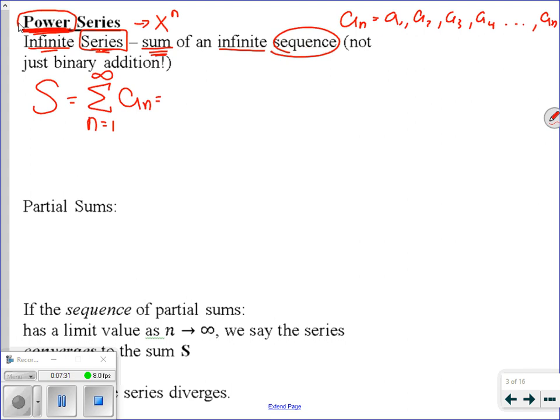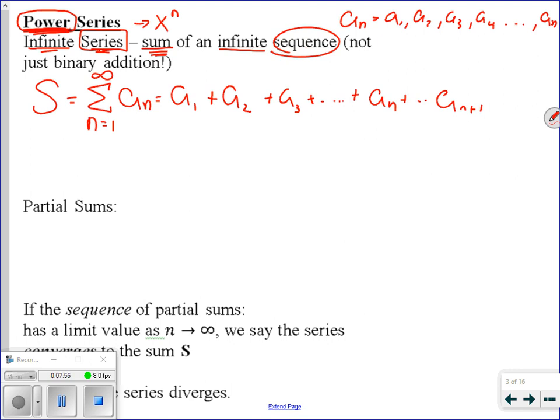So what this looks like is my first term, and instead of a comma, we're going to put a plus there, plus my second term, plus my third term, plus ... all the way to my nth term, and even further to my (n+1)th term. We can keep going to infinity, but a series is the sum of those.